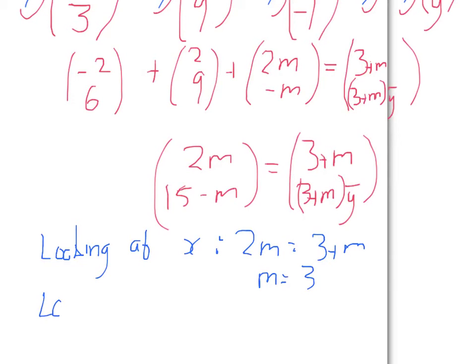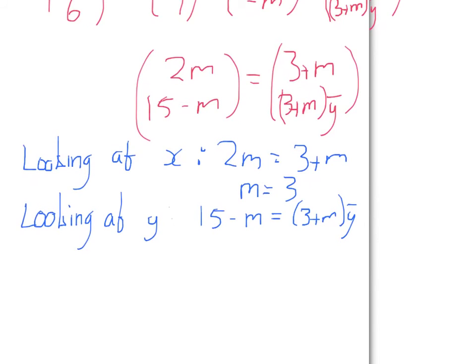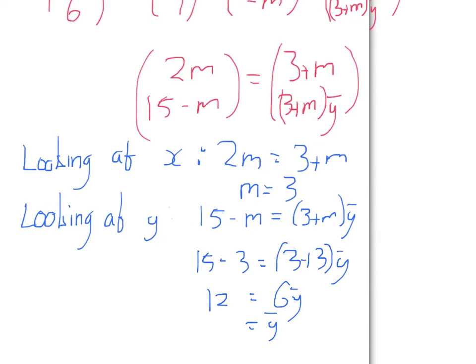So looking at y, we have 15 minus m is equal to 3 plus m times y-bar. Well, we know that m is now 3, so 15 minus 3 equals 3 plus 3 times y-bar. Well, 15 minus 3 is 12, 3 plus 3 is 6, so y-bar is 2.